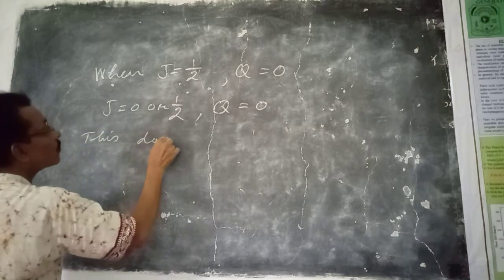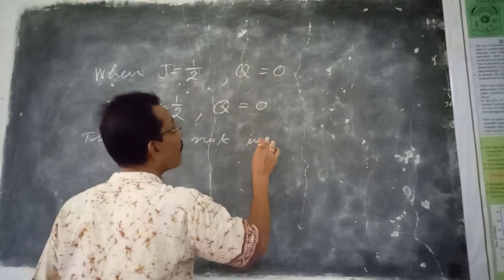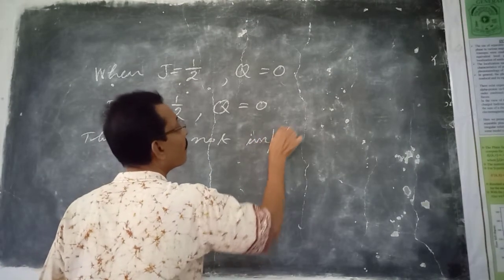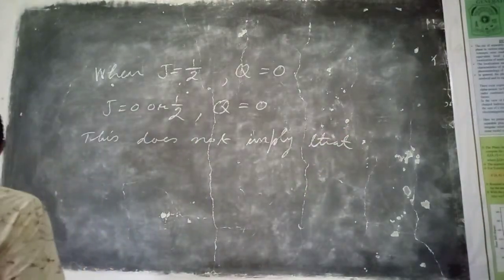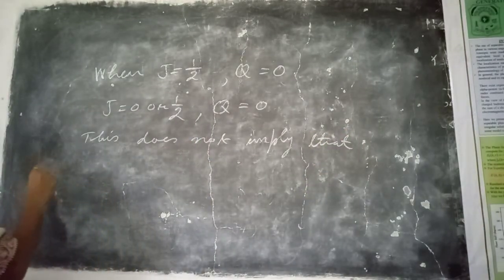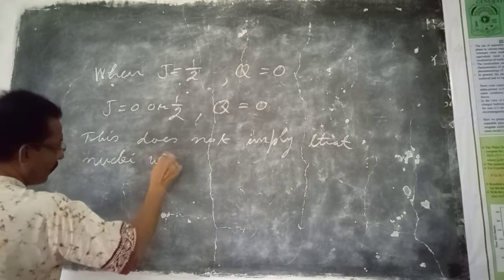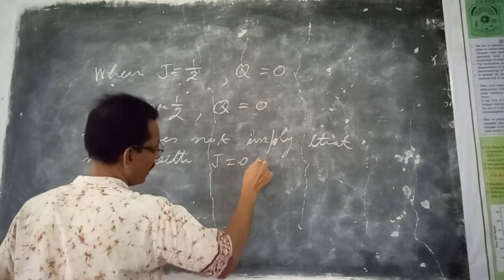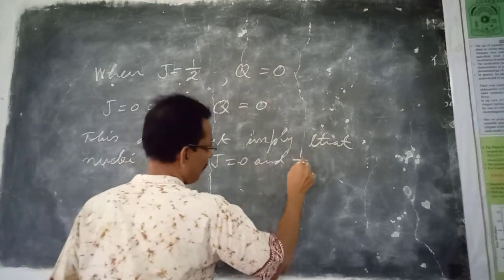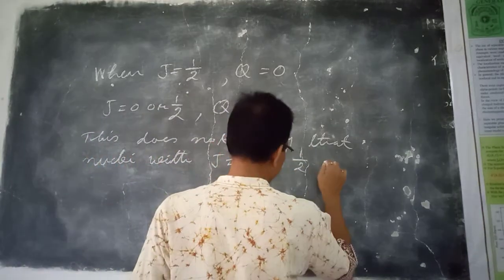This does not imply that nuclei with J equal to 0 and half are spherical.